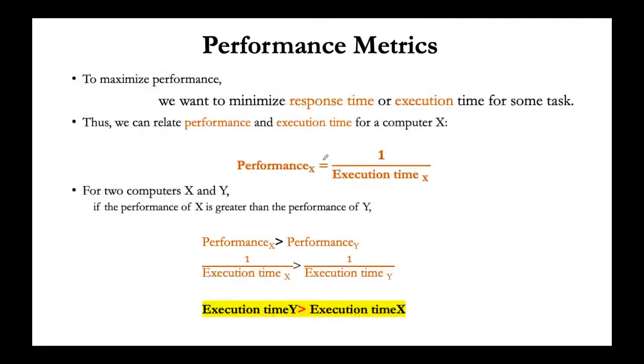Okay. So in performance metrics, we mainly focus on the response time, meaning your CPU execution time, and the throughput. When we consider response time, we maximize the performance. If we want to maximize performance for some task, we can relate the performance and execution time for any computer X. The performance of X can be described as the reciprocal of its execution time.